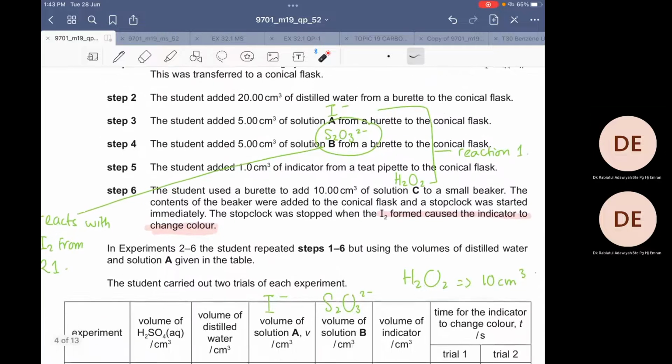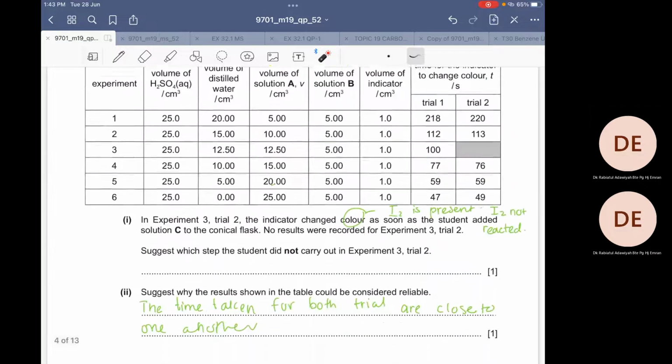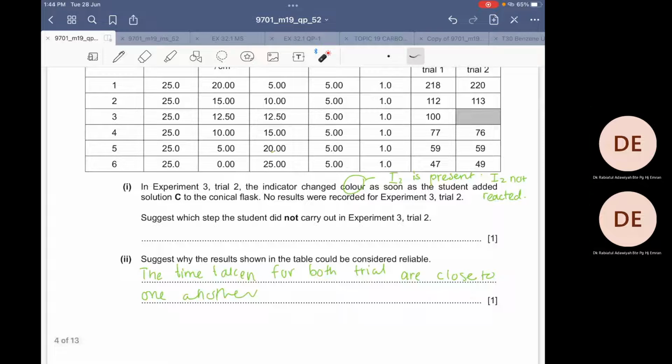So this student must have forgotten to add thiosulfate, because if he did, you shouldn't get iodine produced instantly or immediately. Iodine will only be detected after the thiosulfate has finished reacting with it. So the step the student did not carry out would be step 4, where thiosulfate is being added.